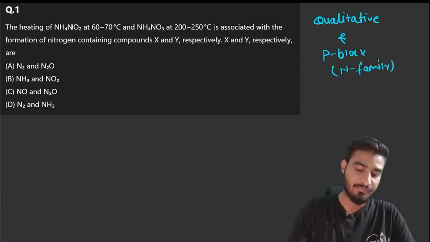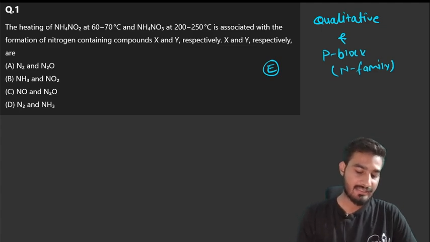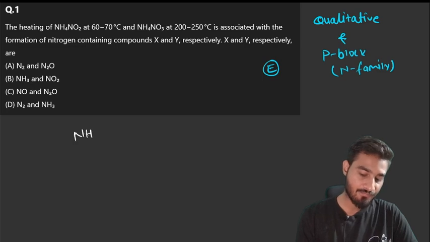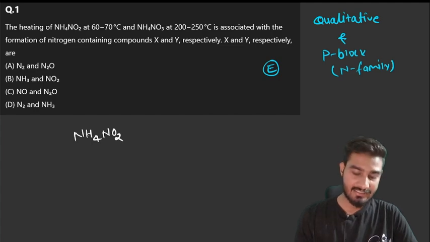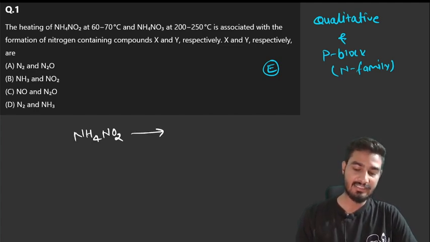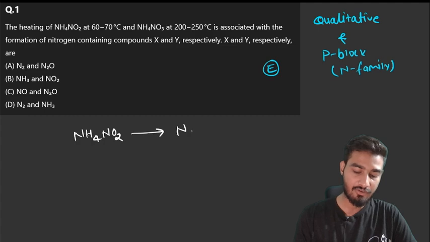It is an easy question with direct reactions. When NH4NO2 is heated at 60 to 70 degrees Celsius, it gives N2 nitrogen gas plus water.